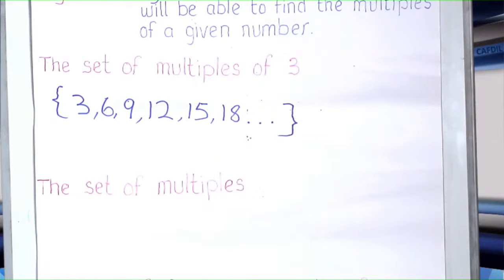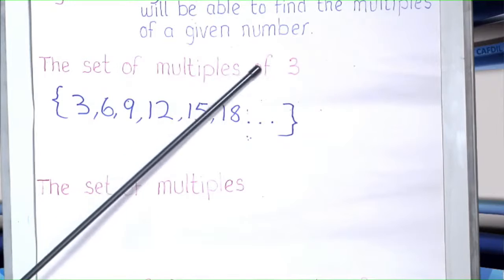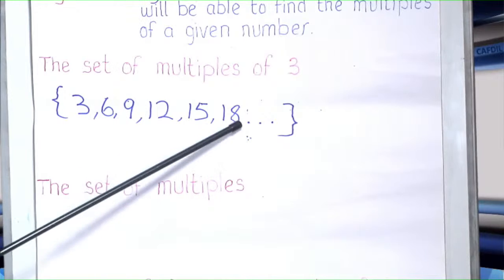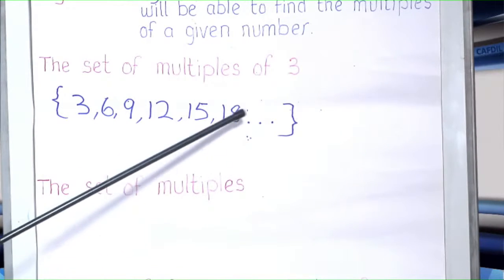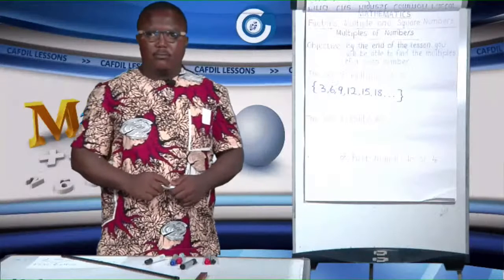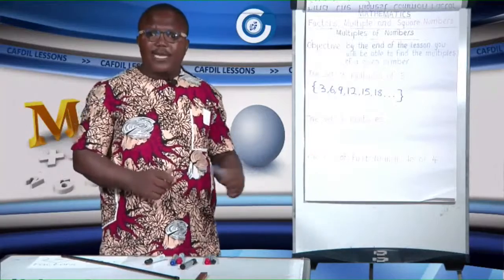So here, the set of multiples of 3. If you don't bring these 3 dots there, then you are wrong. You are supposed to place it there.